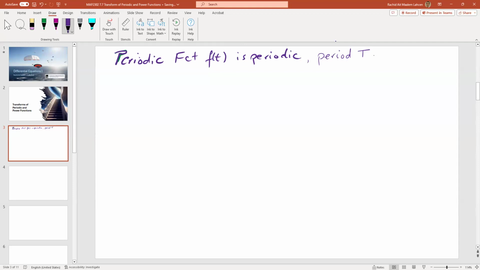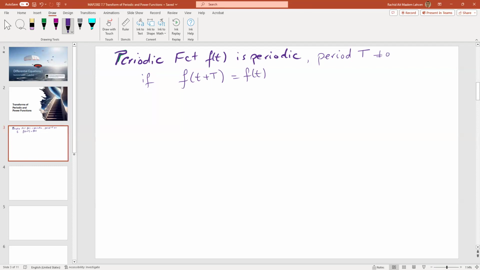Of course, it can't be zero, if the function after that period is the same, right? And we saw that in sine and cosine, so you already know that if you look at sine and cosine.